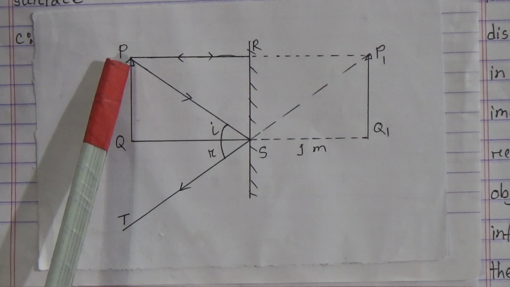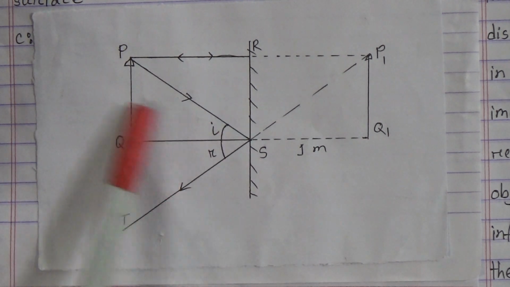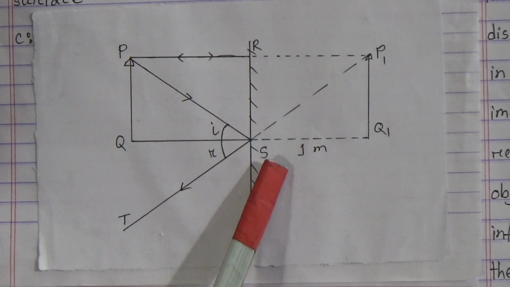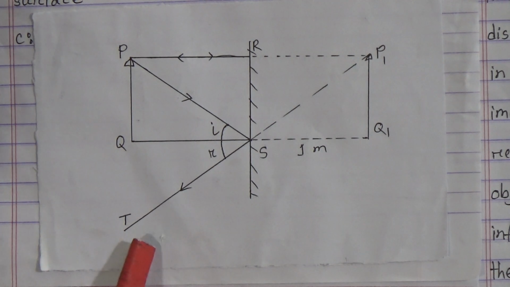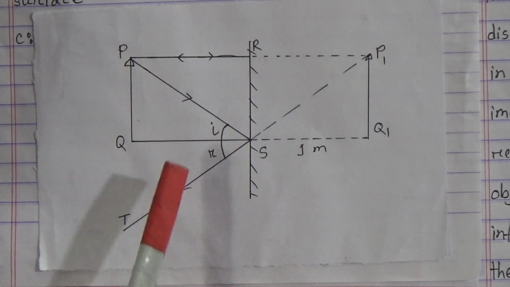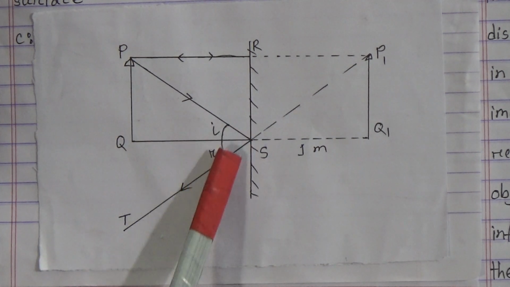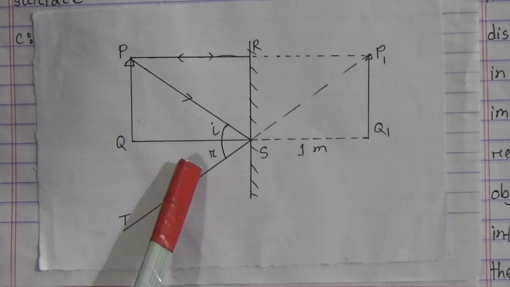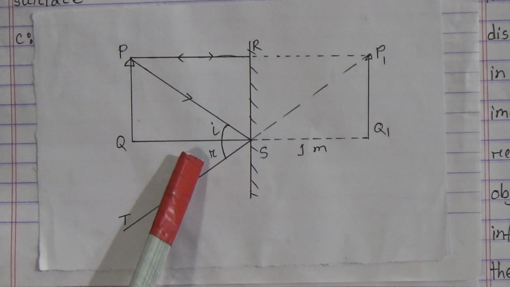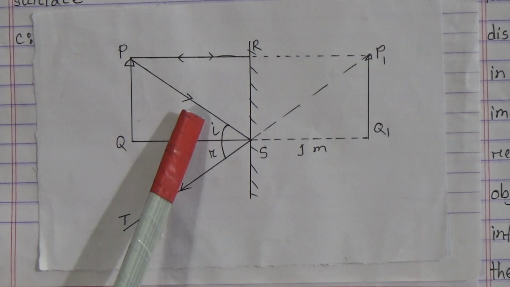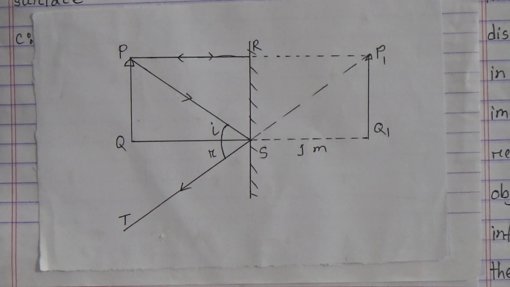A ray falls on the surface of the mirror at point S and gets reflected along ST. So angle PSQ is the angle of incidence, and angle QST is the angle of reflection. We know the angle of incidence and angle of reflection are always equal. So this angle will be equal.